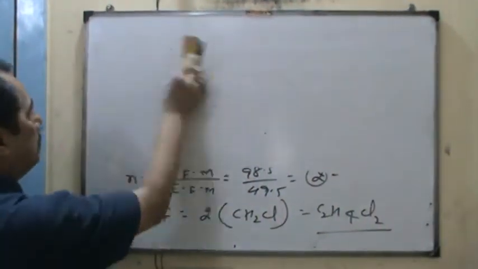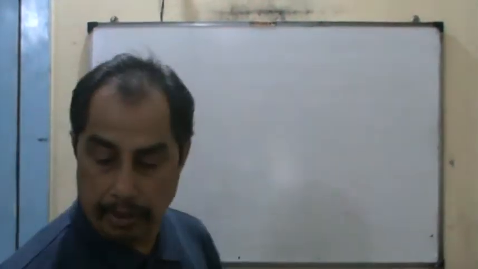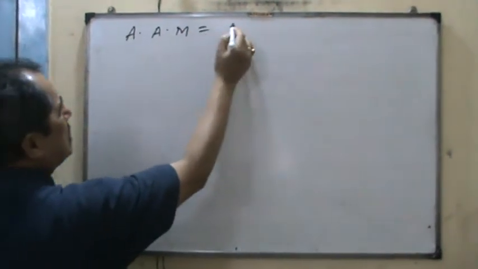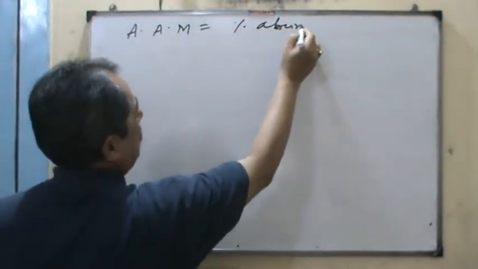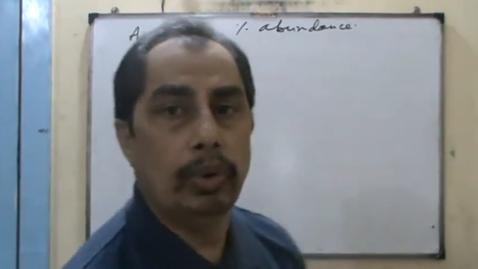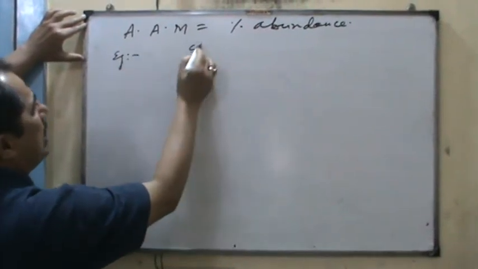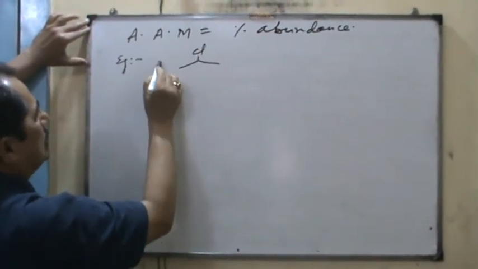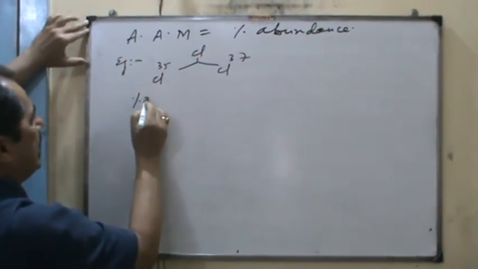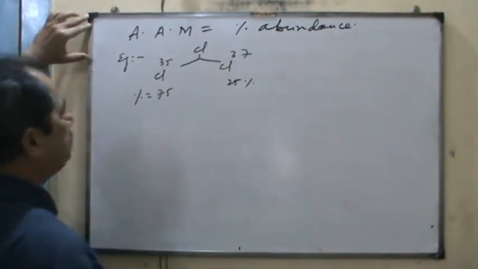One thing, the very small part, most probably you have done in your previous class, is the average atomic mass. Right now, average atomic mass is equal to percentage abundance. This is very little area in your syllabus, but one question is given in your book. Say for example, chlorine has 2 isotopes, chlorine 35 and chlorine 37. Its percentage abundance equal to 75% and 25%.